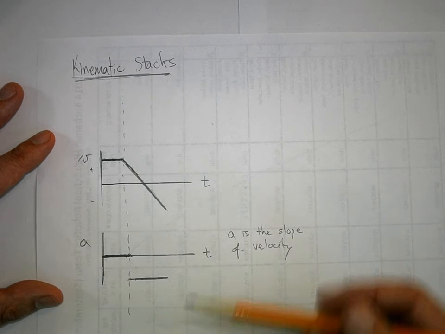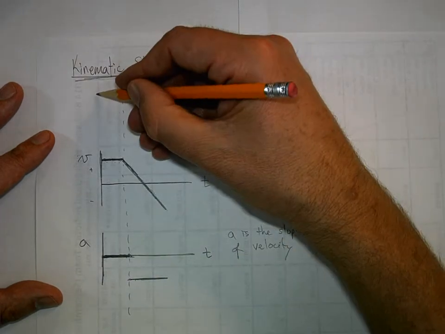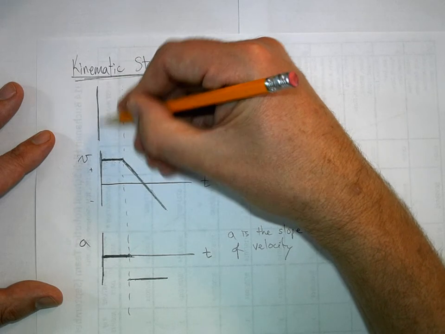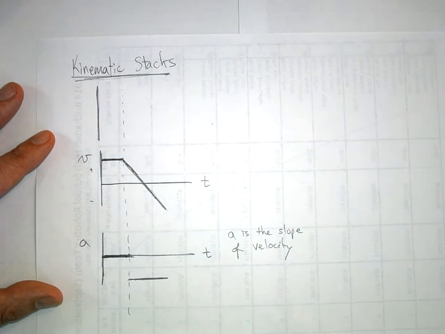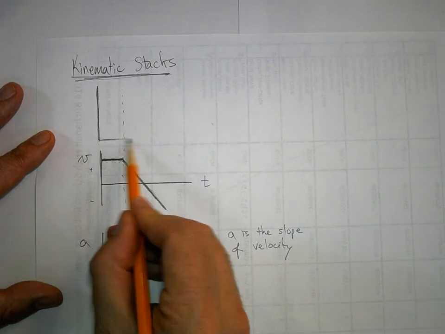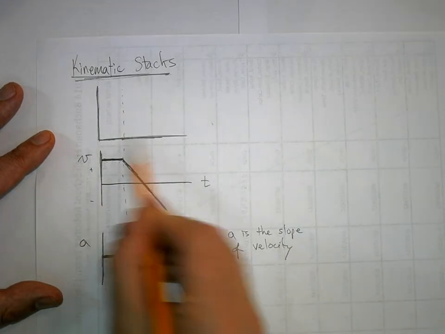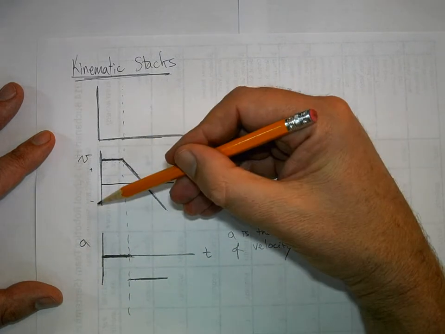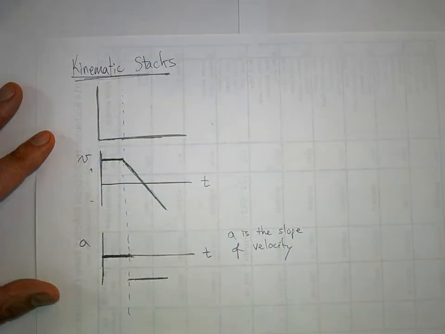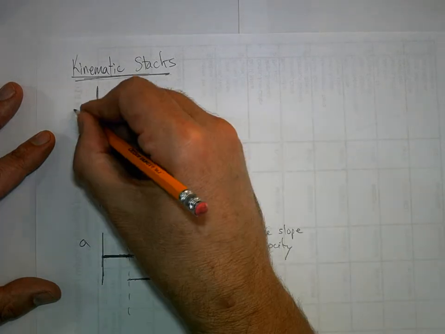Now, we also want to draw the position as a function of time graph. I'm just going to keep it all positive. But I could stand down. I mean, I could have a situation where I would have a negative position.